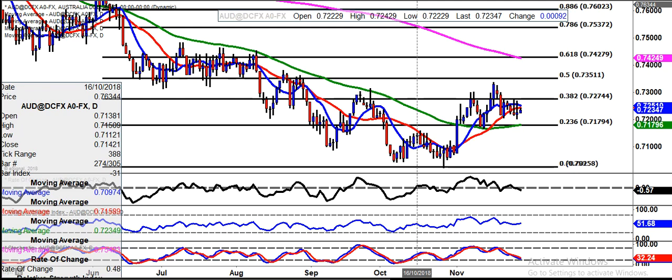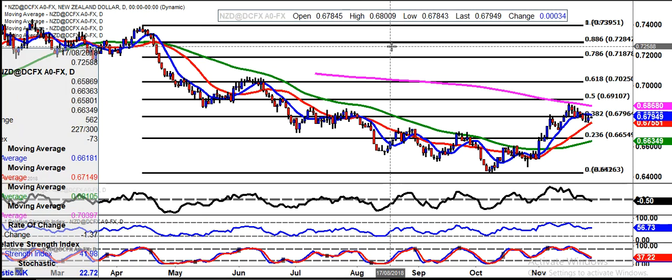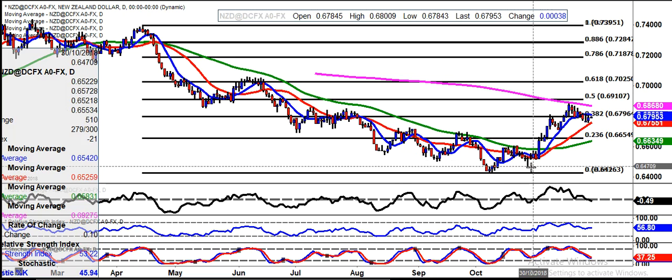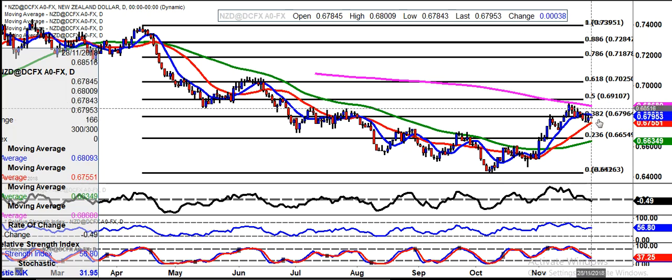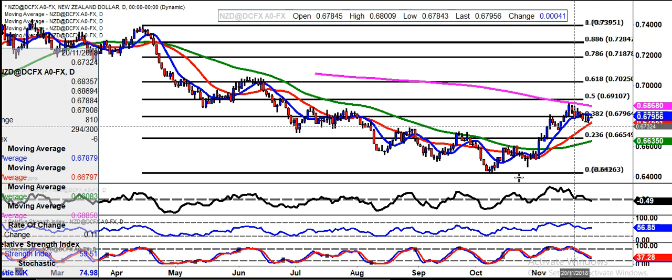Right, now we're going to take a quick look at Kiwi. If you take a look at the Kiwi, you can see why it's been such a great performer. We have not yet broken above the 200-day moving average, but this pattern, see it going up, then you've got this, that's a bullish flag.